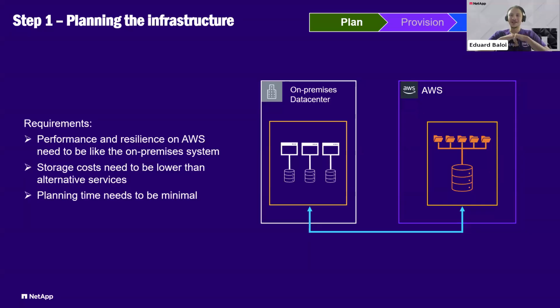Of course, as we have seen in our poll, cost is a really important factor. So our storage costs for the FSx for NetApp ONTAP platform must be competitive. And in the best case scenario, it must be lower than other AWS storage portfolio alternatives that our customers, just like yourselves, might be interested in. And the planning time needs to be minimal, meaning time to value is important.